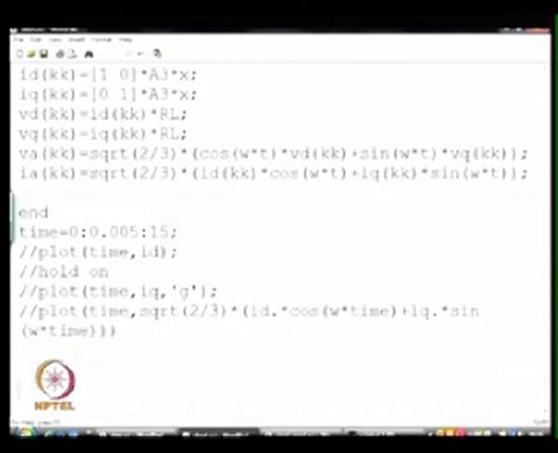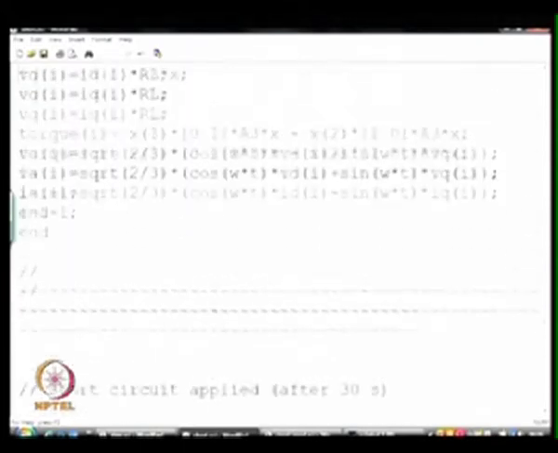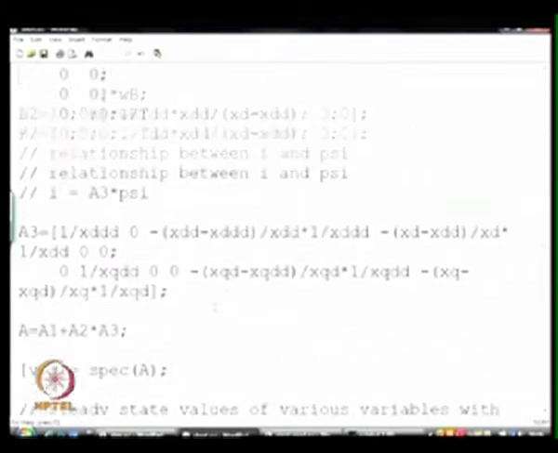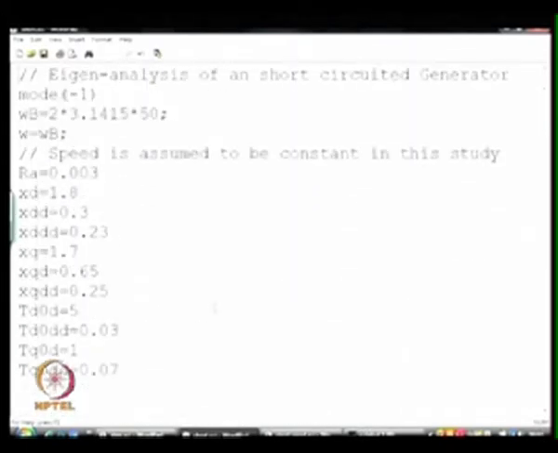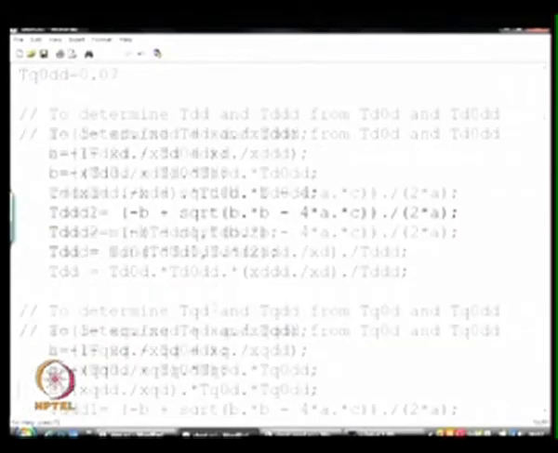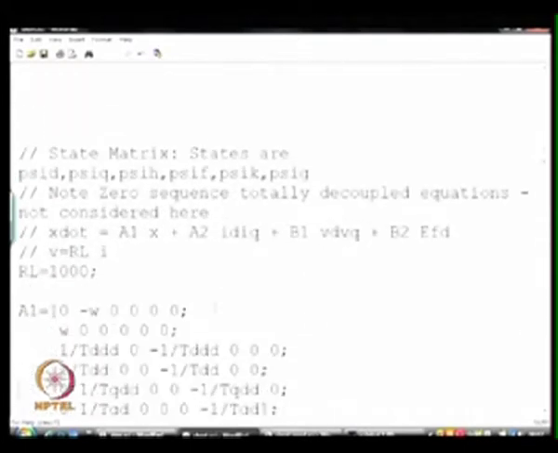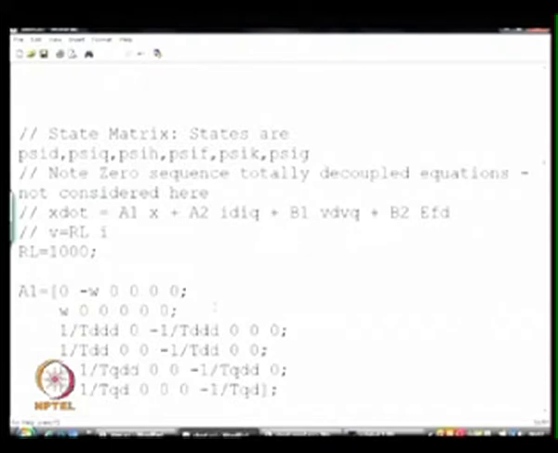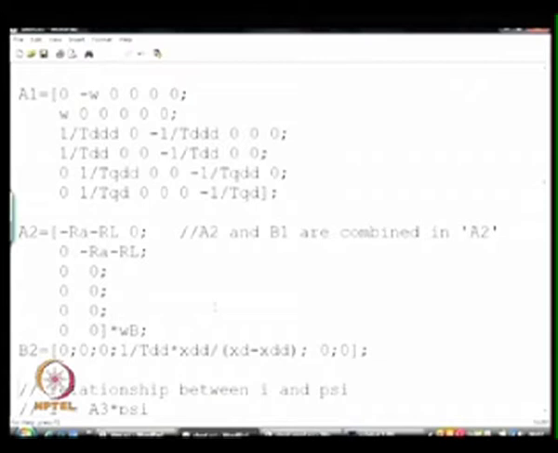Okay. So the system we assume, just a moment, we will just scroll back. This is another program, this is not the same program as I showed you some time back. The initial part of the program is the same. We assume that under open circuit conditions RL is a large value.